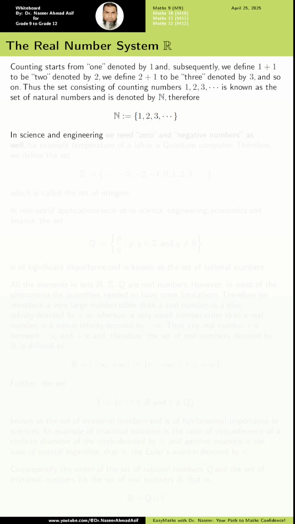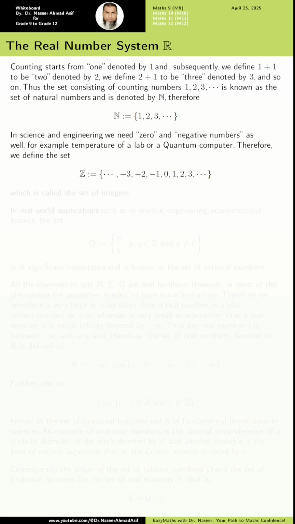In science and engineering, we need zero and negative numbers, for example the temperature of a lab or a quantum computer. Therefore, we define the set Z to be 0, 1, 2, 3 and so on, minus 1, minus 2, minus 3 and so on, which is called the set of integers.